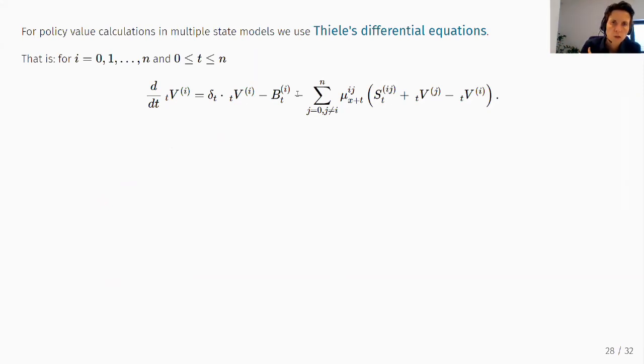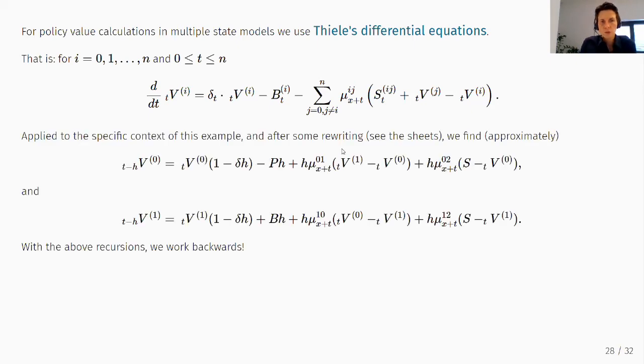Yeah. So the first thing we need to do is to go from this general expression to the specific context, to the specific application that we want to discuss. So for our case, we have premiums paid continuously, we've got sickness benefits paid continuously, and we've got our lump sum S when you make the transition from the zero state, or the disability state, into the death state.